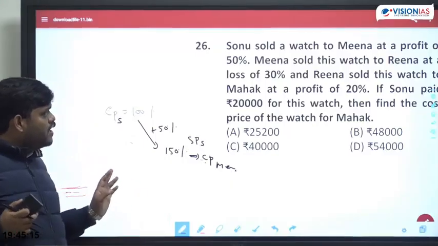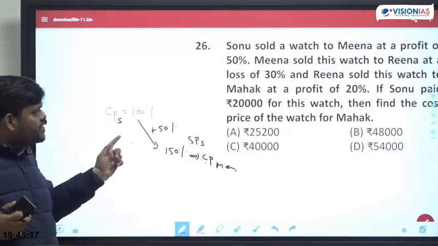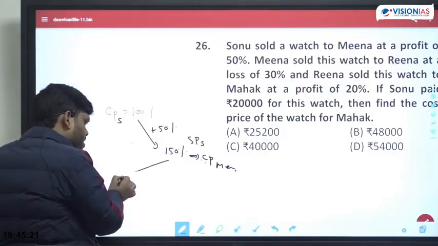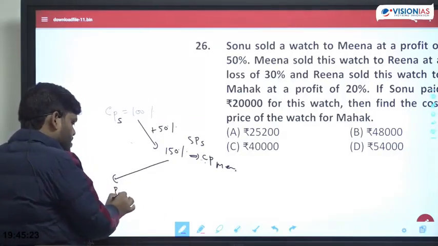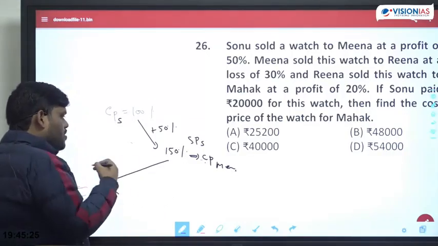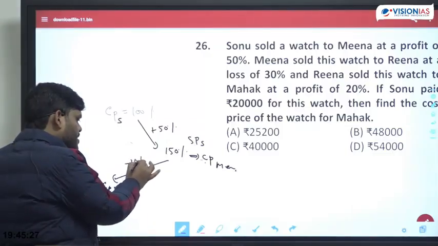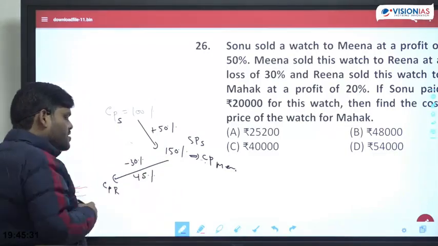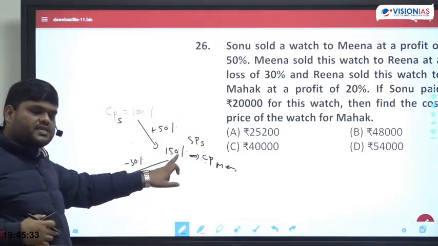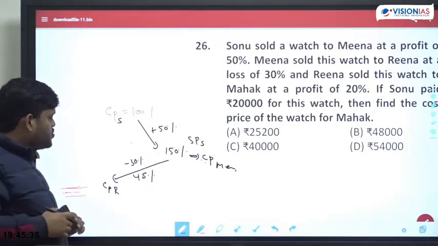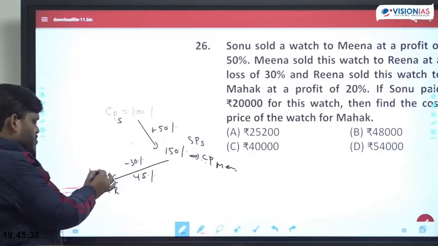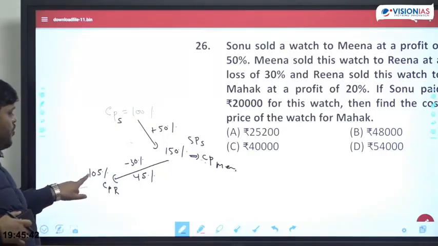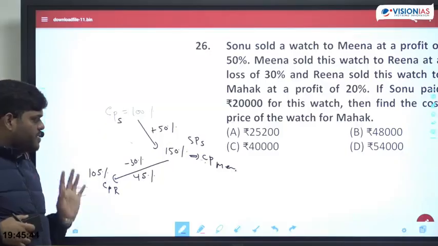Now Meena sold this watch to Reena at a loss of 30%. So at a loss of 30%, that means 10% is 15%, 30% is 45%. So now the price will be 105%. That means the cost price for Reena is 105% of the original price.